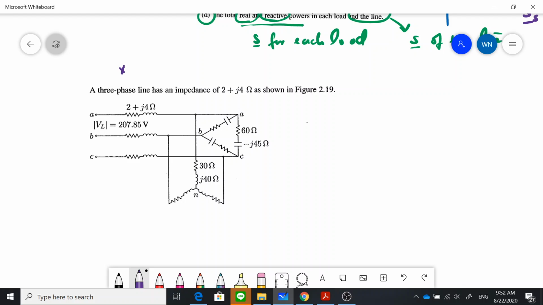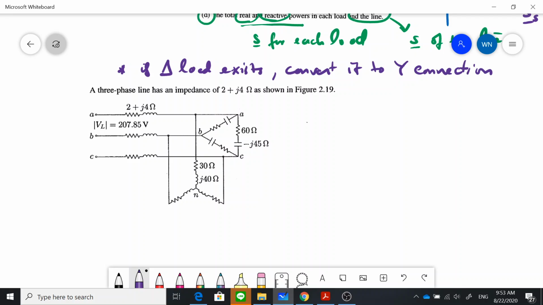If a delta load exists, you have to convert it to Y connection, because we need to have the neutral, and the neutral current is 0 in a balanced three-phase system. We need this property.